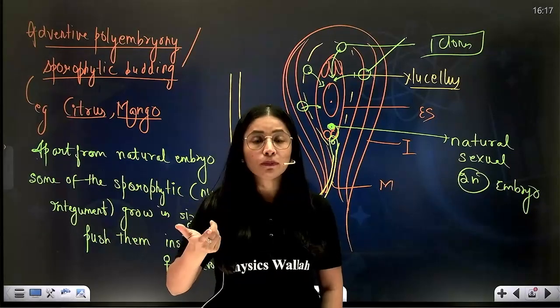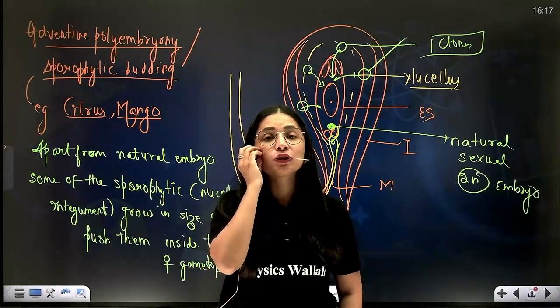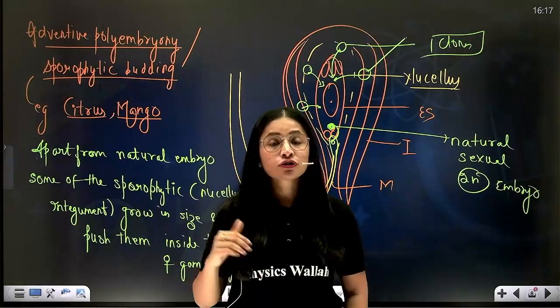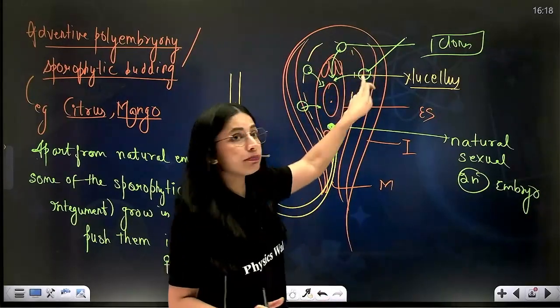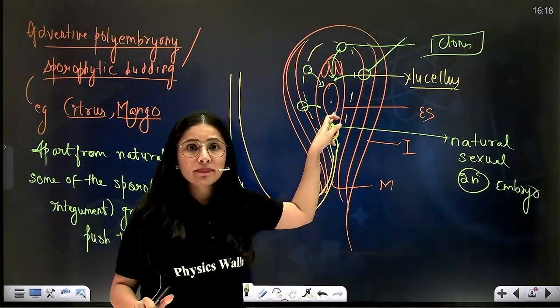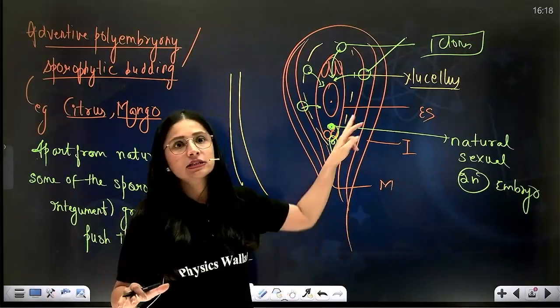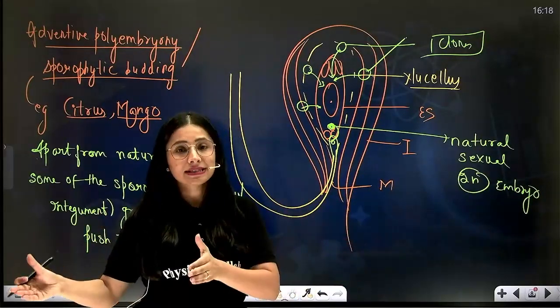So the new plant arising from those seeds will be exactly identical to the parent. Understanding? So this is apomixis. For producing these asexual embryos, no sexual reproduction is done, but still seed is formed, still fruit is formed. So this is apomixis.